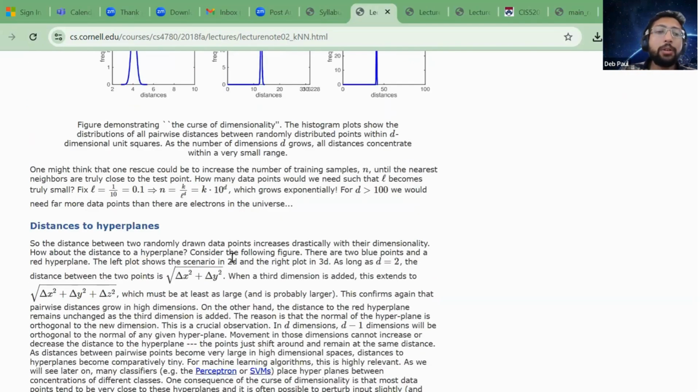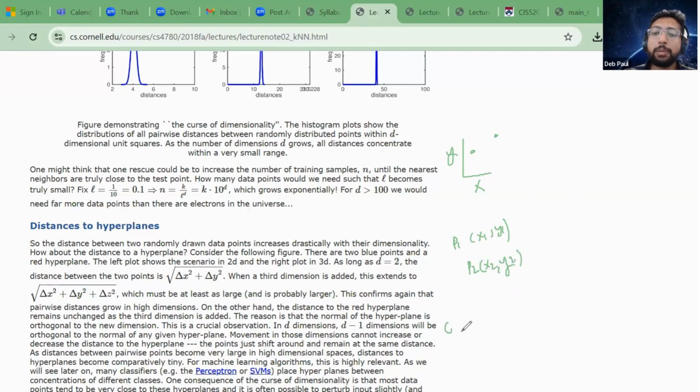Suppose my features are two-dimensional in nature. That means I have a y and an x, and I have 2 points in this space. Point 1 is x1, y1. Point 2 is x2, y2.